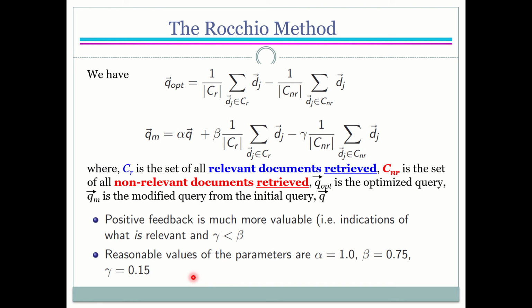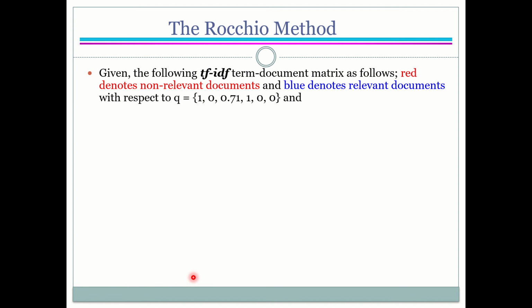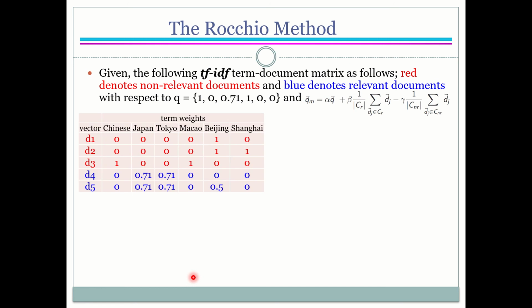We will look into one example of how this Rocchio method can be used to modify a query. Okay, let's suppose we are given a TF-IDF term-document matrix, where the red ones are non-relevant documents and the blue ones are relevant documents. Our query will be 1, 0.71, 1, 0, 0.